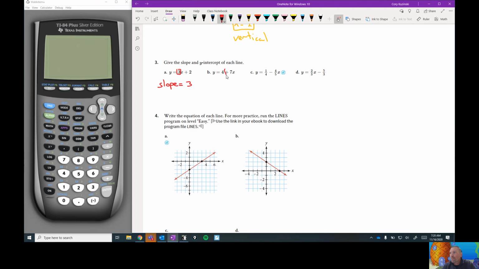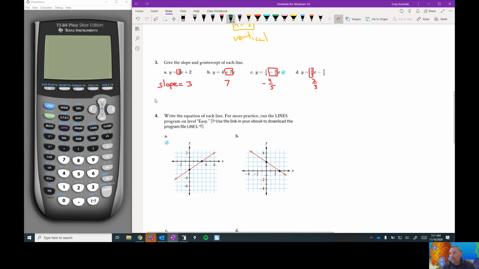And on this one, see the positive 7 is the slope. On this one, it's this negative 4/5. And on this one, it's the 2/3. So the coefficient of x, when you've got an equation in this form, is your slope.